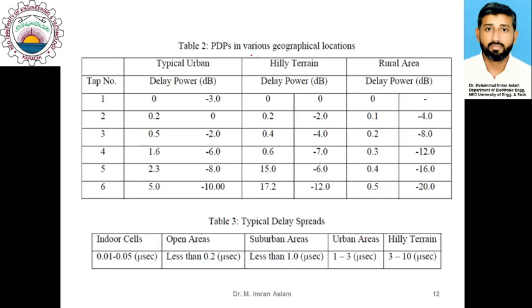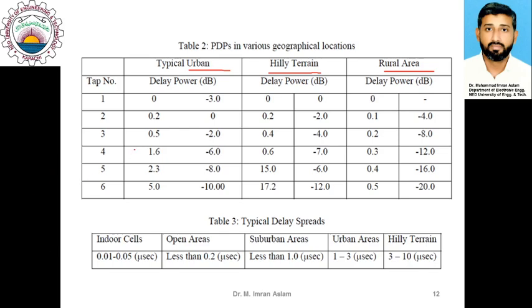So this is the power delay profile in other types of outdoor environments. If you take a typical urban environment, a hilly terrain, or a rural environment, the power delay profiles are represented here. Again, these power delay profiles are on the basis of the measurements conducted by different researchers in different types of environment.